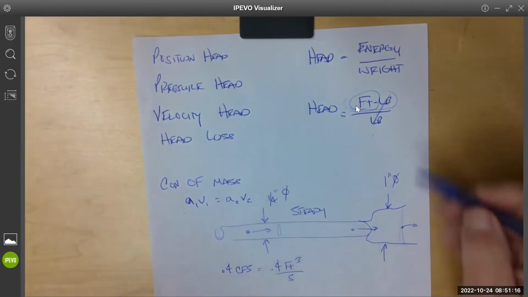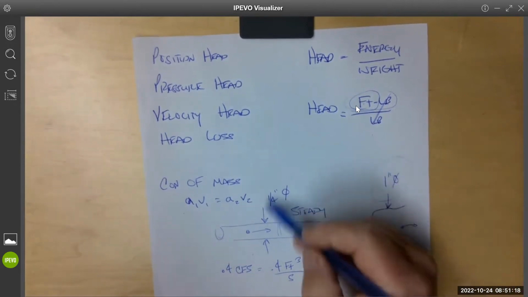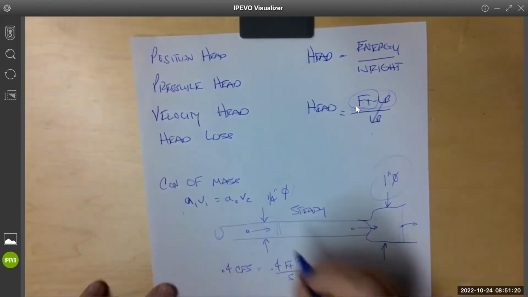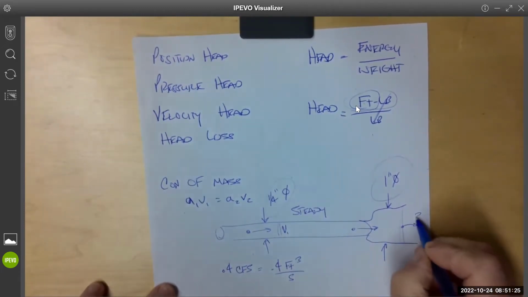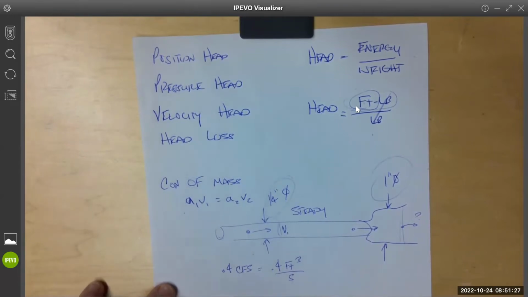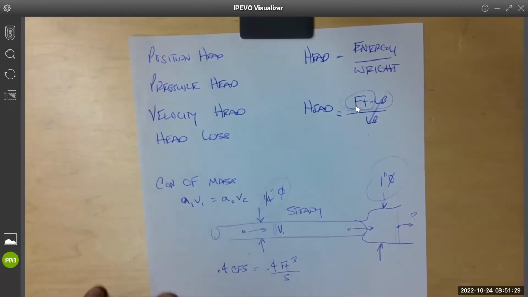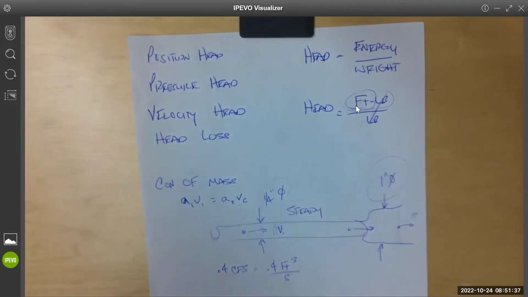So the question might be, since we know area 2, we know area 1, we can get velocity 1. And we can find out what velocity 2 is from the conservation of mass. It's got to be this volume, that flow rate that stays the same. The velocity's got to change because that's a bigger area.